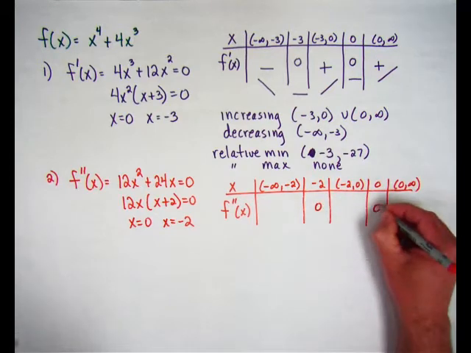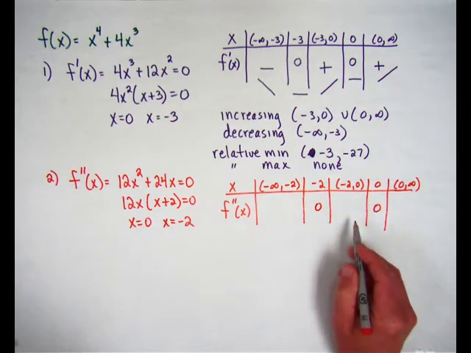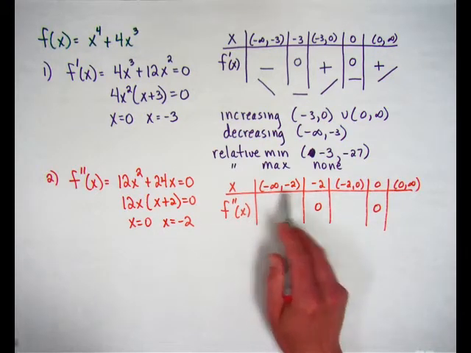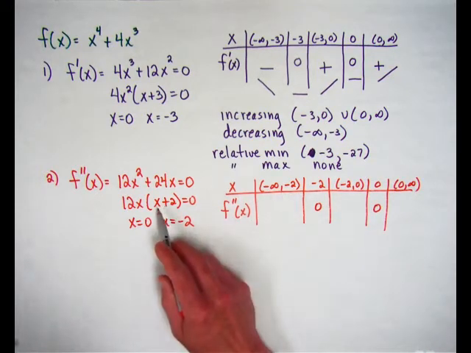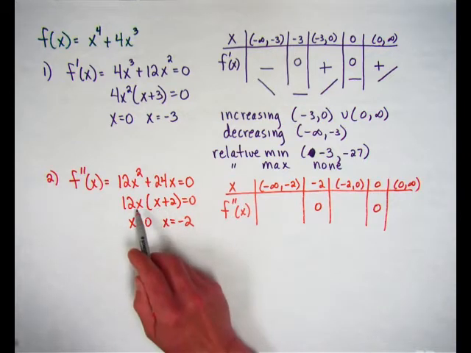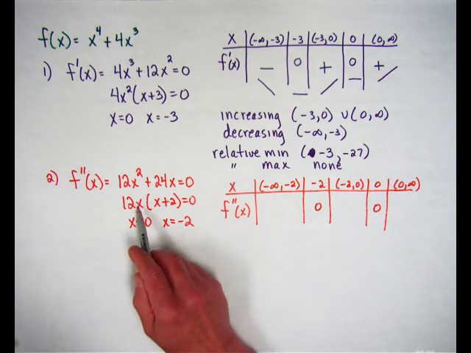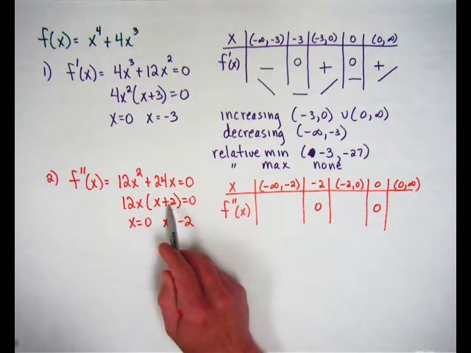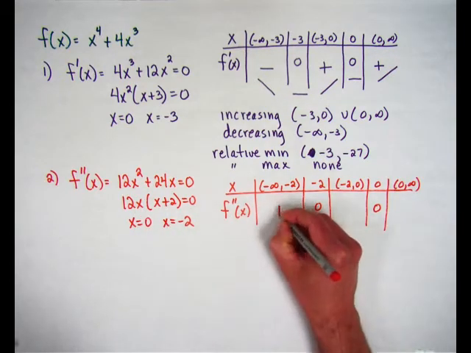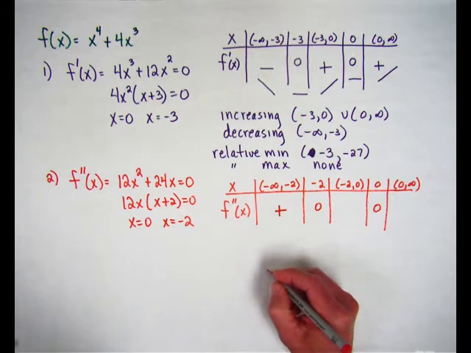These are both 0. We perform this test exactly the same way we did the first derivative test. We plug numbers in our open interval into our second derivative in its factored form. Notice that this time this is not squared, so we have to be sure to test both factors. So if I pick negative 3, 12 times negative 3 is a negative number. Negative 3 plus 2 is a negative number, so I'm going to get a negative times a negative, which is a positive.